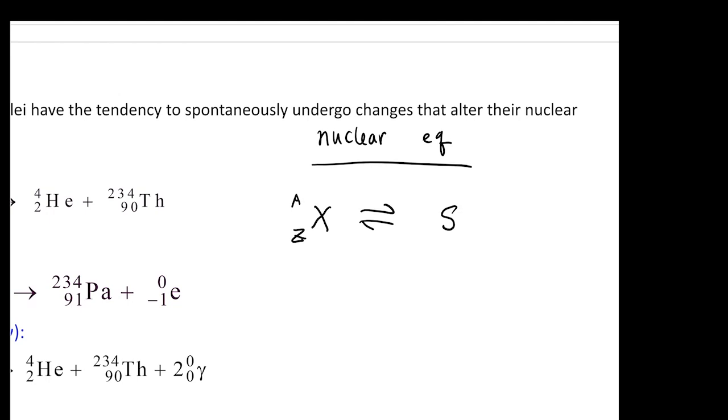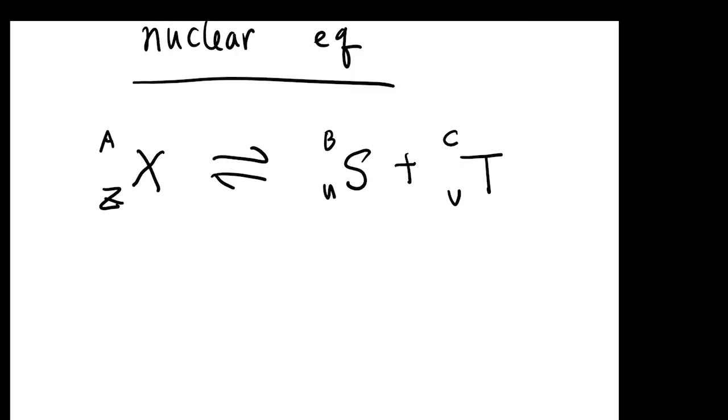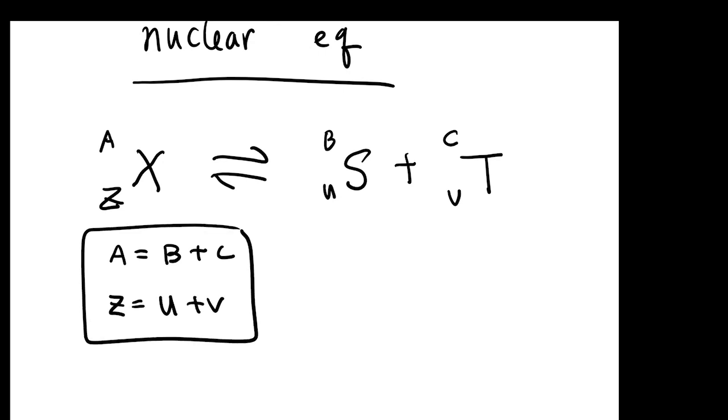Then you produce S, with B and U, plus T, with C and V. Assuming your atom undergoes a decay and produces some other species, let's call them S and T, then one thing that always needs to be true is that A has to be the sum of B and C, and Z has to be the sum of U and V. This has to be true all the time when you write out these equations. So that's step number one.